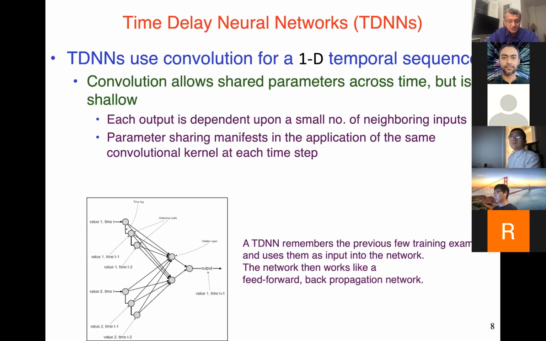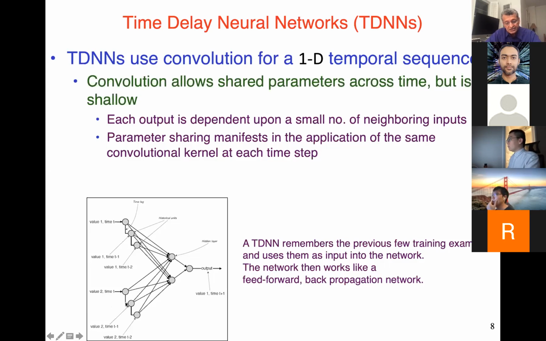So here is an architecture people thought of early on, where we have the value 1 at time t, value 1 again at time t minus 1, and value 1 at time t minus 2. So can't we use the value at time t minus 1, t minus 2, and t, all three of them together, to form an input at the next layer? This is value 2.